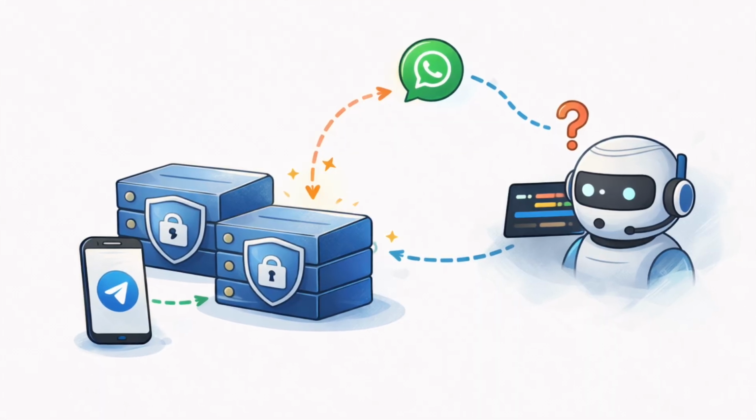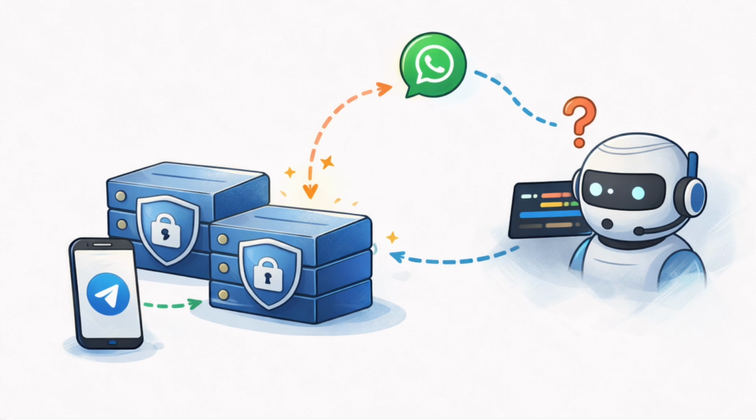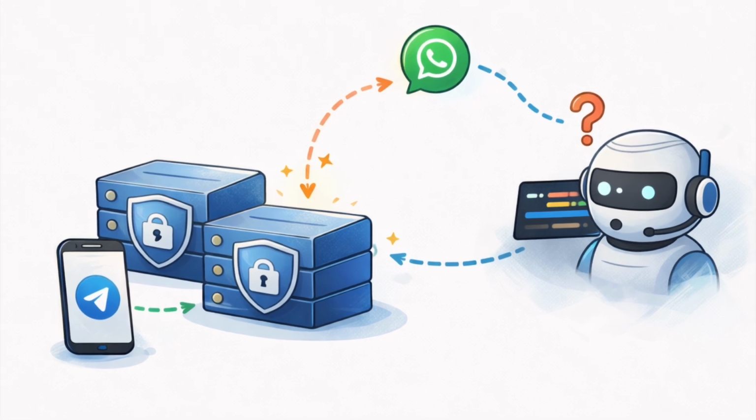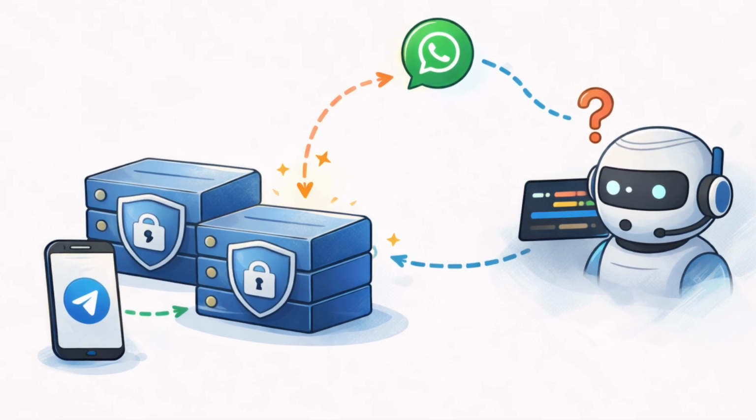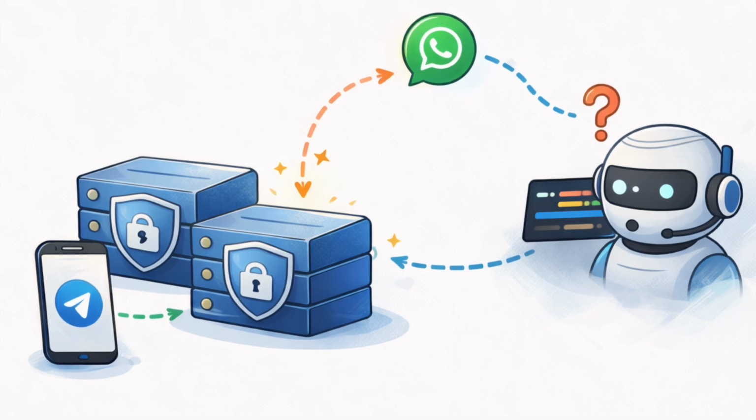Or another example could be that it introduces a new integration, let's say WhatsApp, and that means someone would be talking to your OpenClaw AI agent from their own WhatsApp number, and using your OpenClaw AI agent for their own purposes, which is obviously not good.